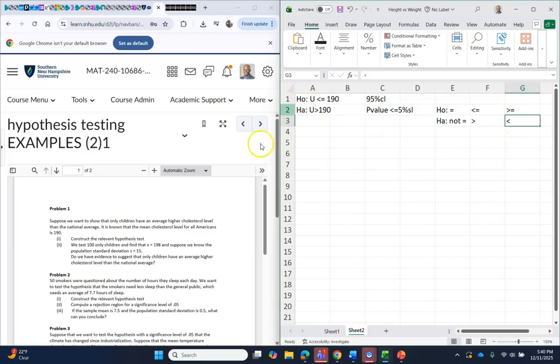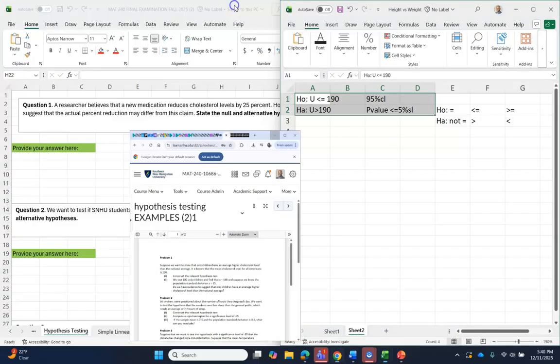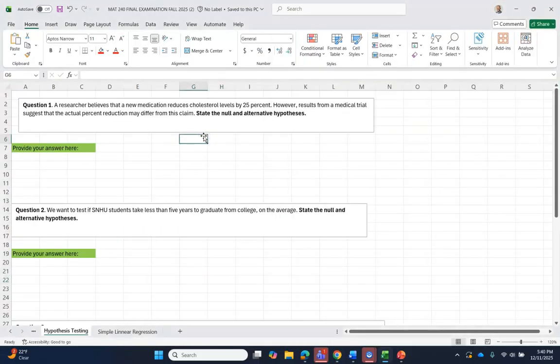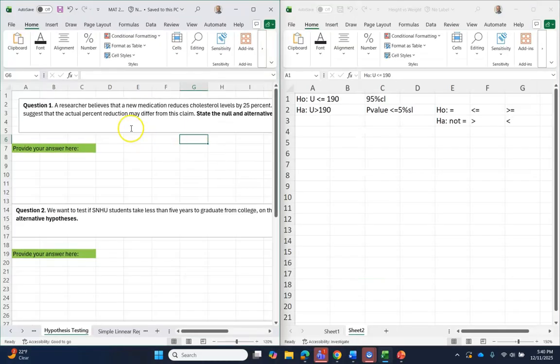So for this particular question, you can see that we could write our hypothesis like this. Going back to the question that we have, as we said, a researcher believes that a new medication reduces cholesterol level by 25%. So that's actually the null hypothesis.